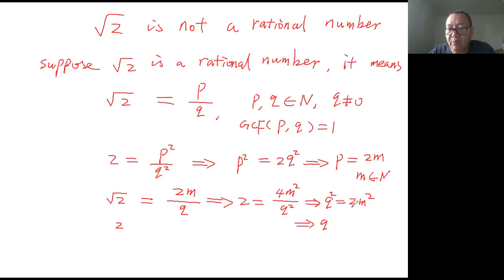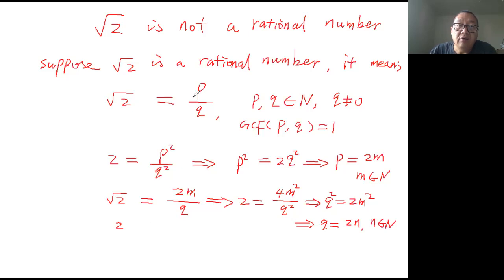Q squared is a number, m squared is another number. So from this equation, we can get that Q is an even number too, because Q squared is an even number. So Q should be an even number. Now let's say Q equals 2 times n, where n is an integer.